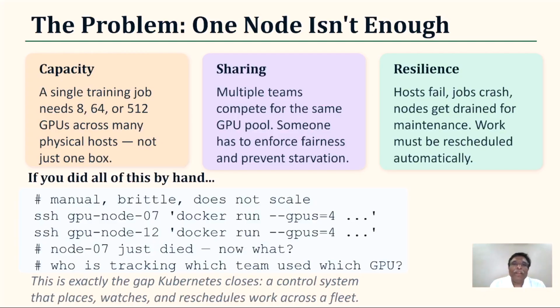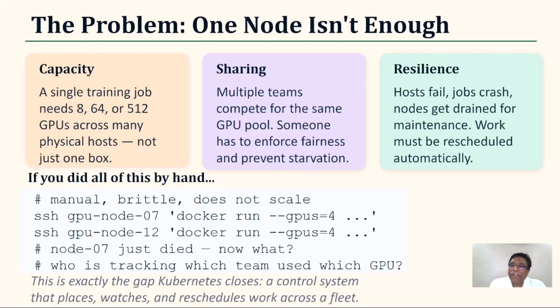And when you want to share the resources, multiple teams will be competing for the same GPU resource, and the system administrator has to enforce fairness and prevent starvation among the team members.